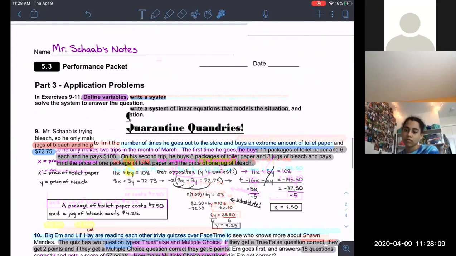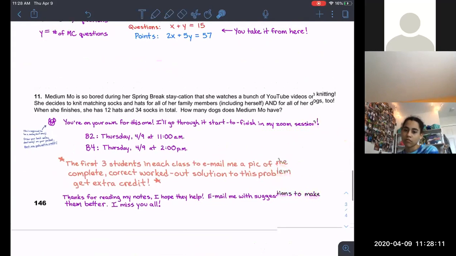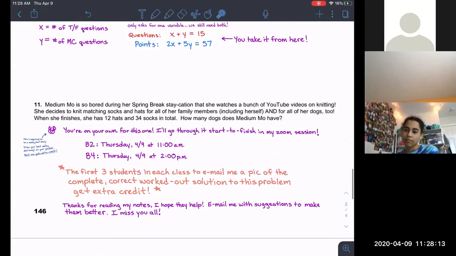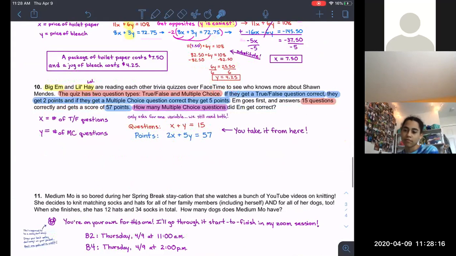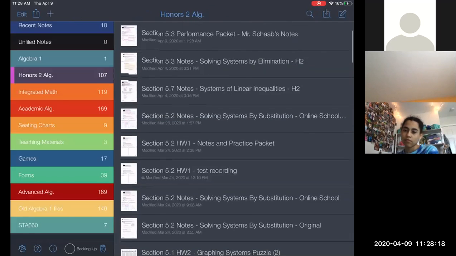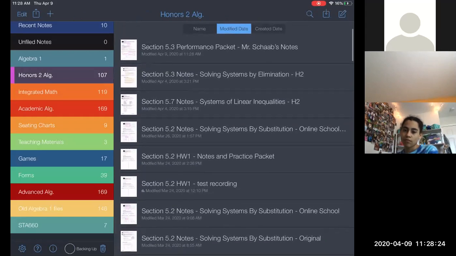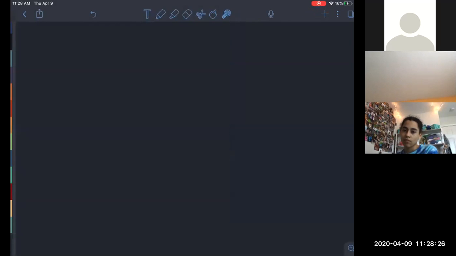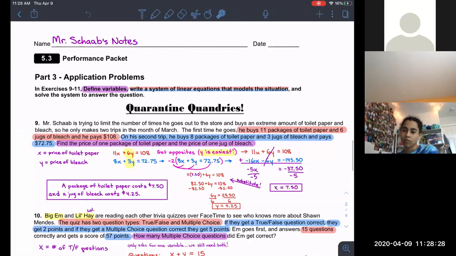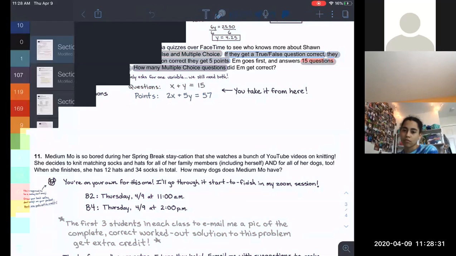Okay, ready to talk about 11? Mm-hmm. Okay, I'm going to switch files here. Wait, where is it? Because I need some room to work here, but I don't want to delete what I had here. All right, I guess I'll have to import something.